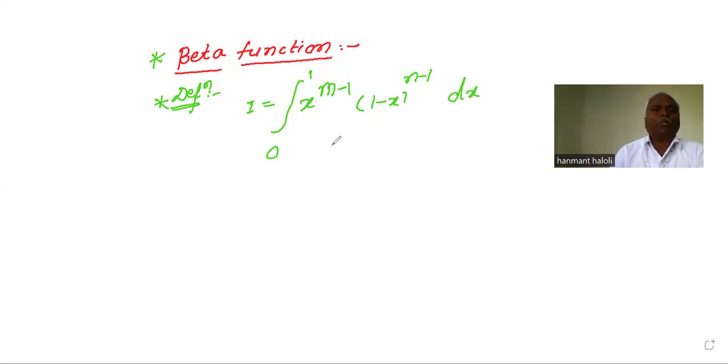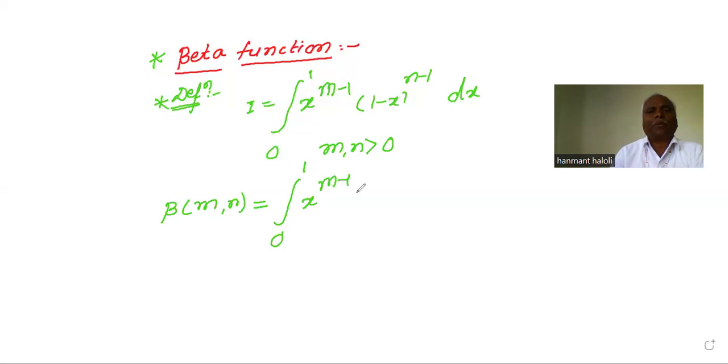Here both m and n are positive, and this integral we call beta m n, denoted by the symbol beta m n. Beta m n equals the integral from 0 to 1 of x raised to m minus 1 times 1 minus x raised to n minus 1 dx.